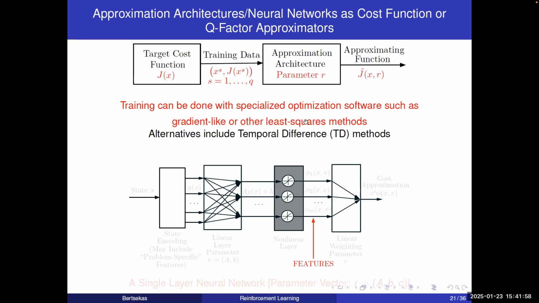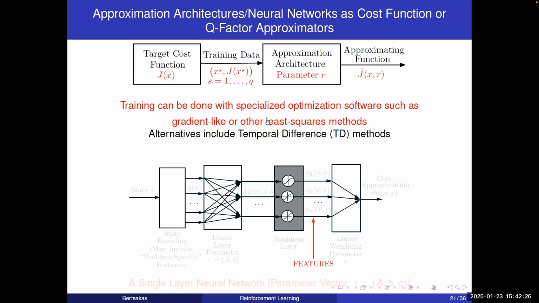So generally, how do we do that? We collect training data, which is pairs of x's, states, and costs associated with them. Many of them, hundreds or millions of those, and we plug them into a specialized optimization algorithm that does this matching. These algorithms are called least squares methods or gradient descent.